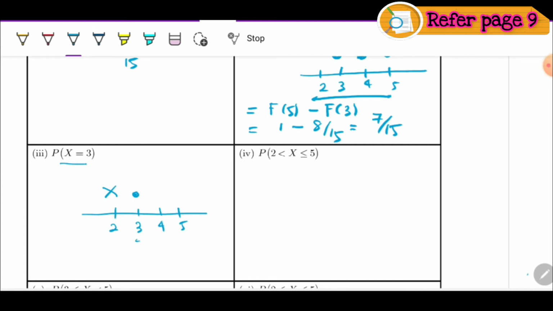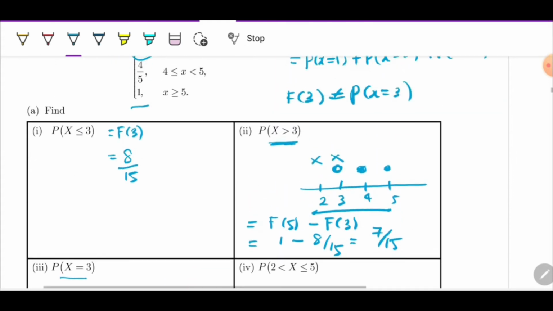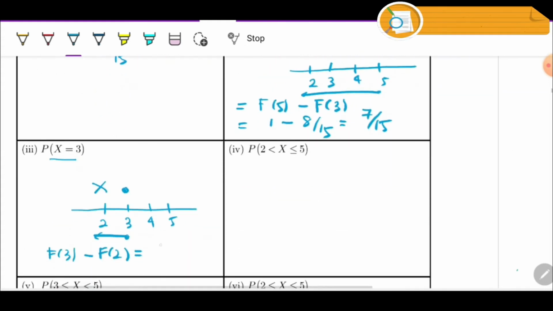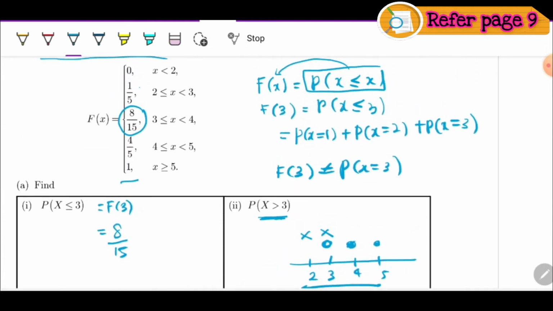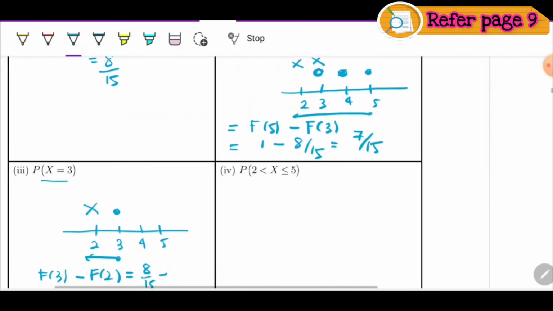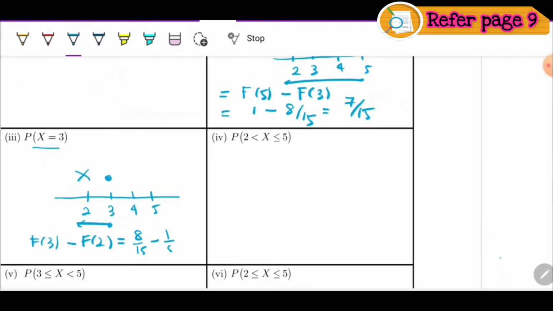So we start from F3 minus x less than or equal to 2, which is F2. So F3 is equal to 8 over 15. And F2 is equal to 1 over 5. And the answer is 1 over 3.